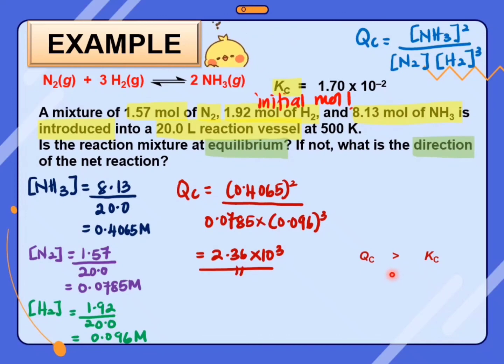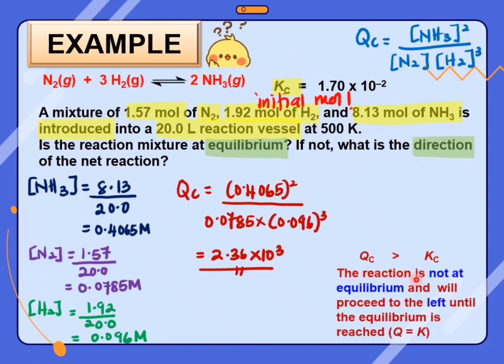Which direction will it proceed? Remember, if it goes to the left, it means that the reaction is not at equilibrium and will proceed to the left until equilibrium is reached, Q equal to K. So this is how you calculate QC and QP, and then how you predict the direction of the net reaction.